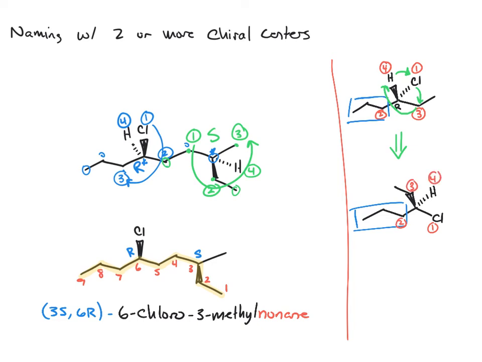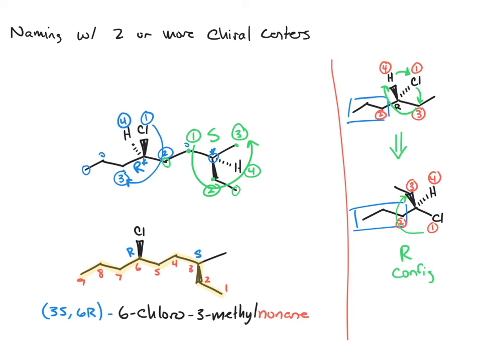Now you can just do the typical R/S. 4 is now to the back. That's what we did. We moved it there. Draw your arrow from 1 to 2 to 3. That's going around to the right. So that's R. So it's something you can do, but it's not something you always have to do.